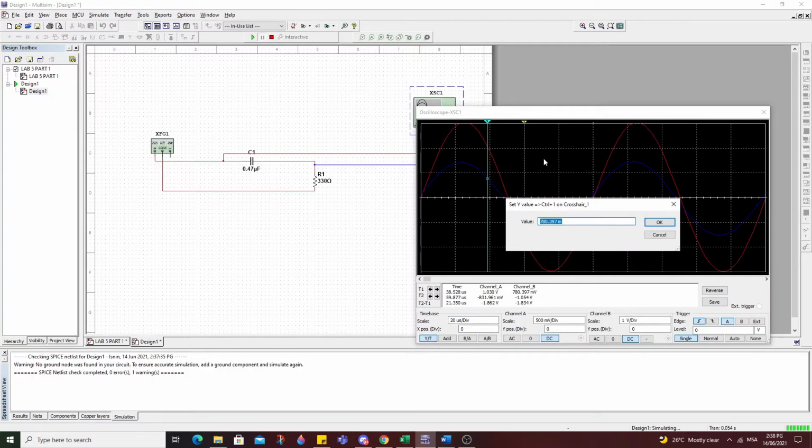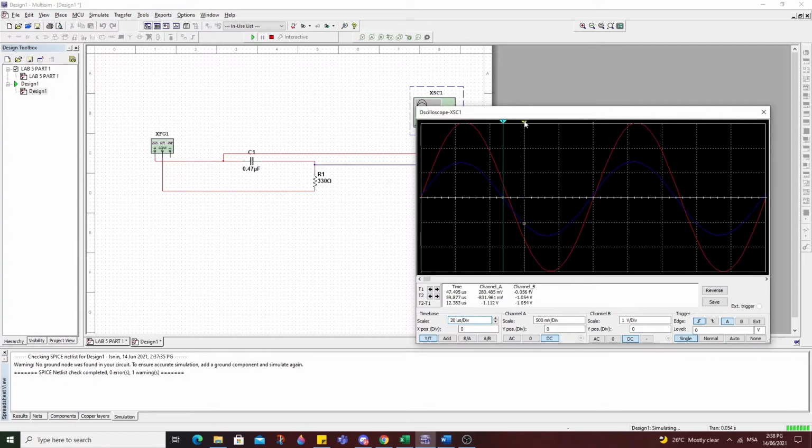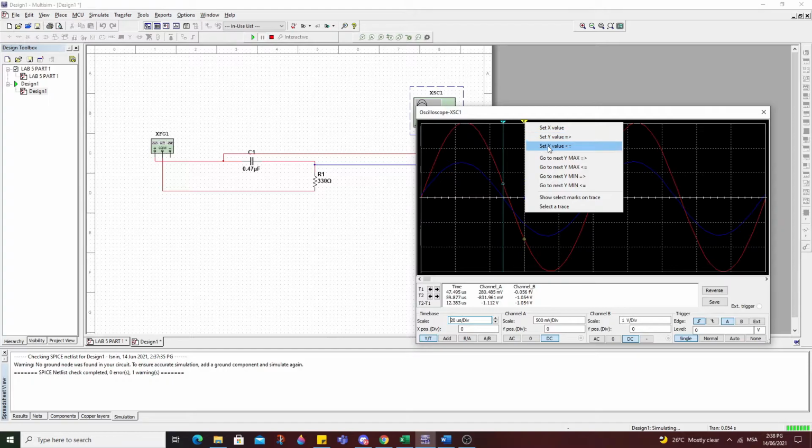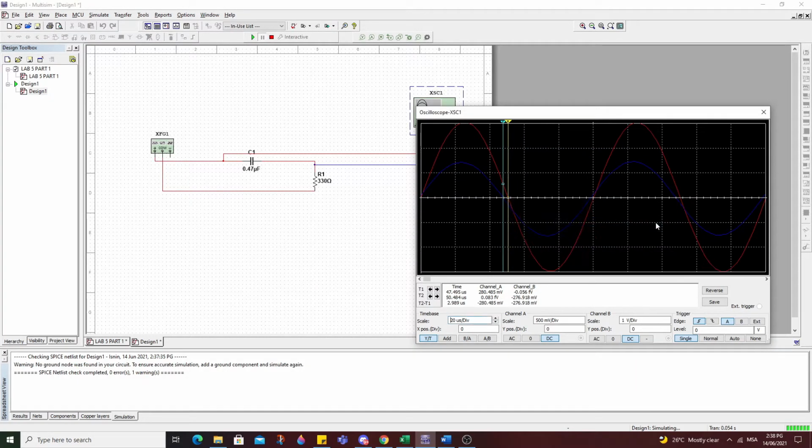Set the value Y to 0, then double click on the second cursor, double click on the red waveform, and set the value Y to 0.